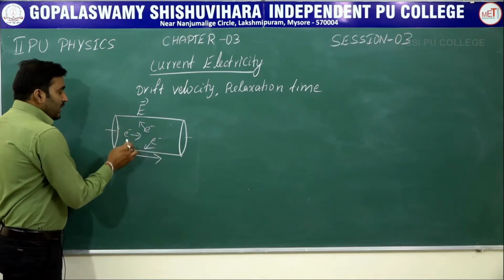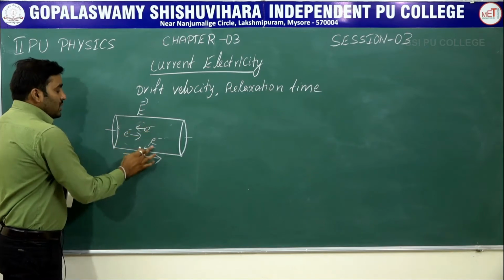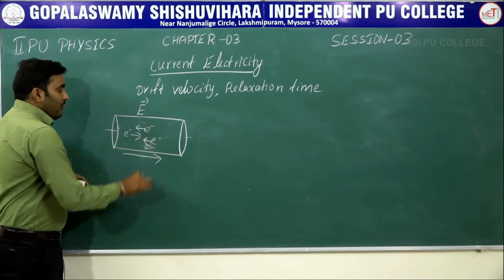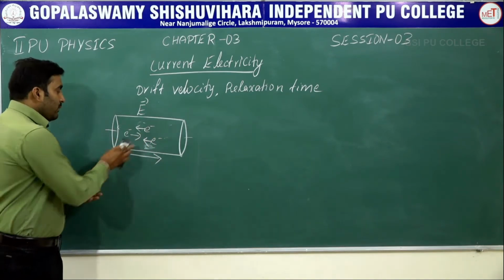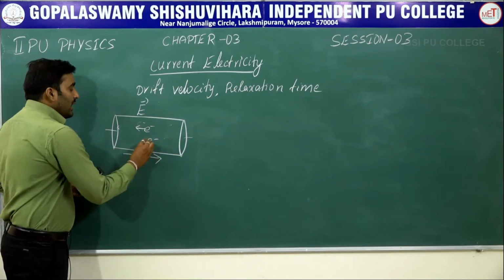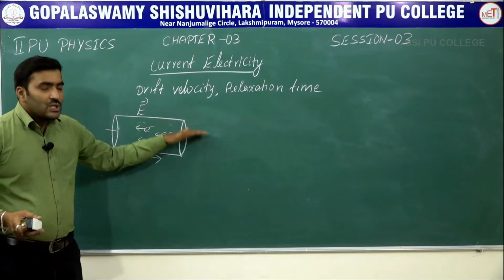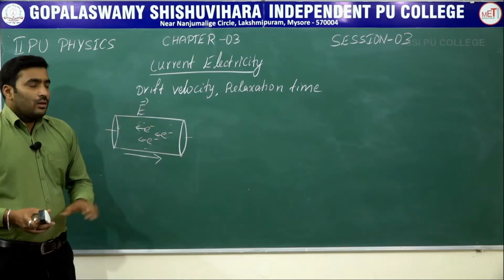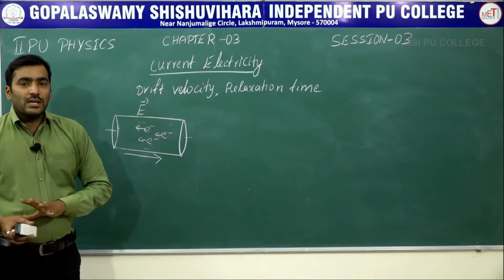The velocities of all the electrons may be different, but the average velocity of all the electrons will be the same, and that is what we know as the drift velocity.